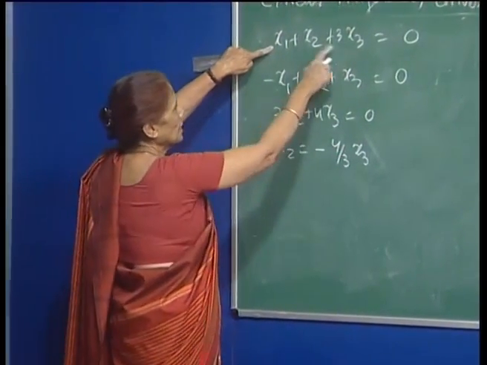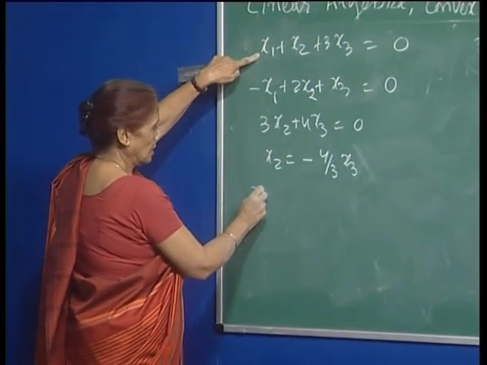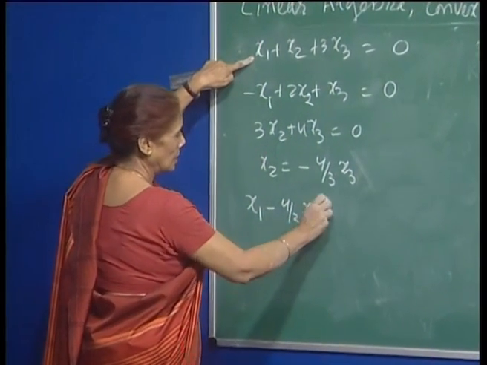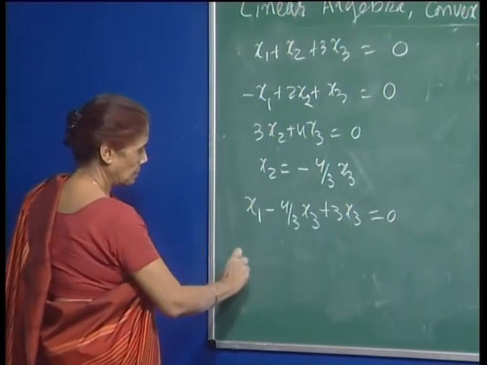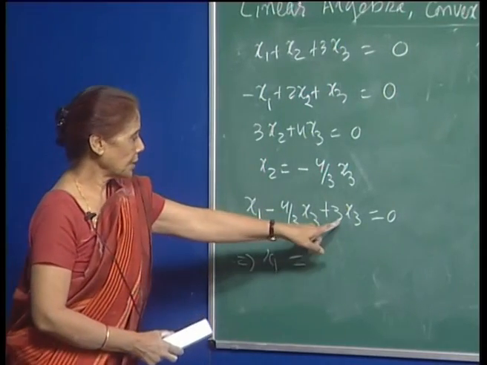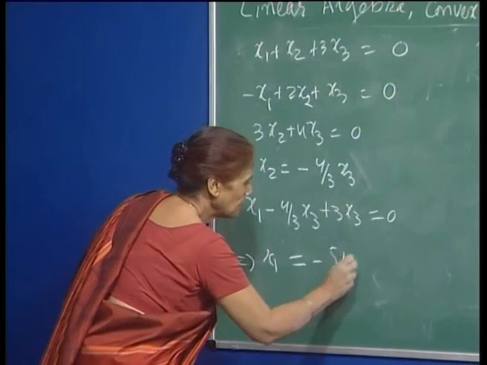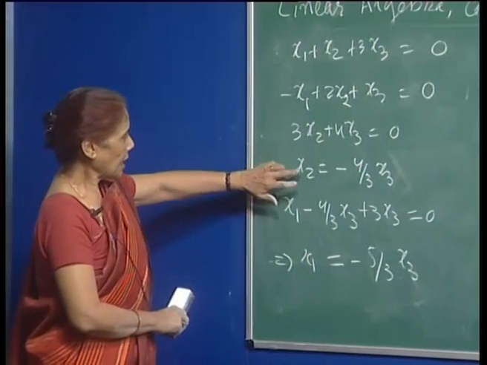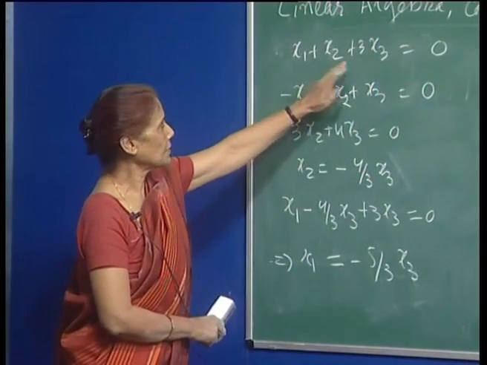Now I substitute here the value of x2, then I get x1 minus 4 by 3 x3 plus 3 x3 is 0, which implies that x1 is equal to minus 5 by 3 x3. So in this system I have two equations and three unknowns x1, x2, x3.